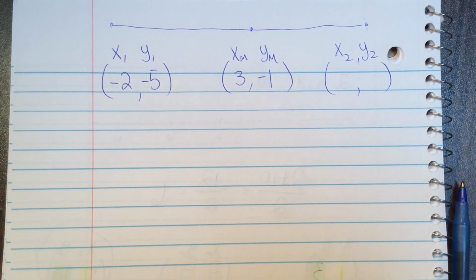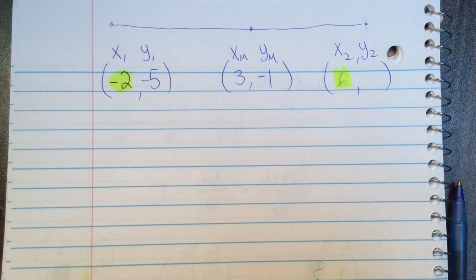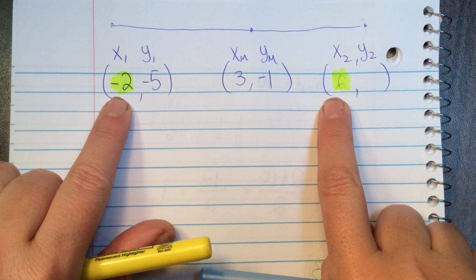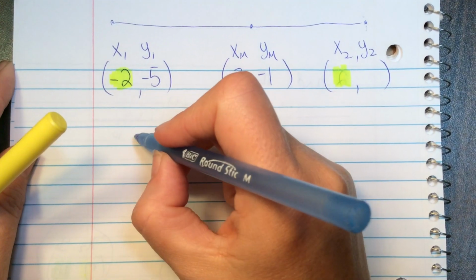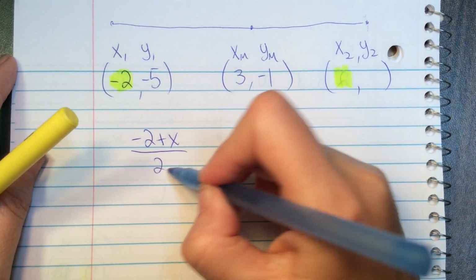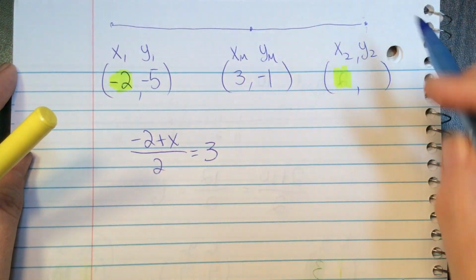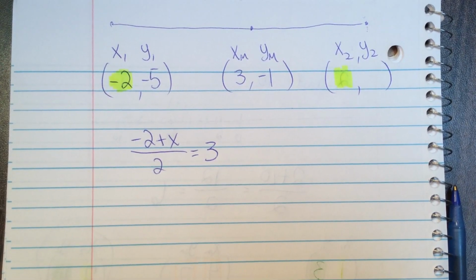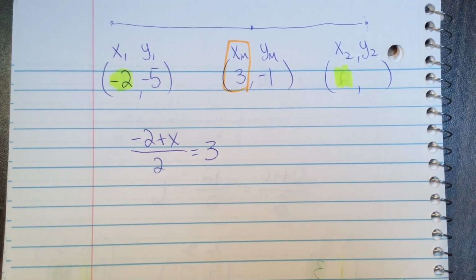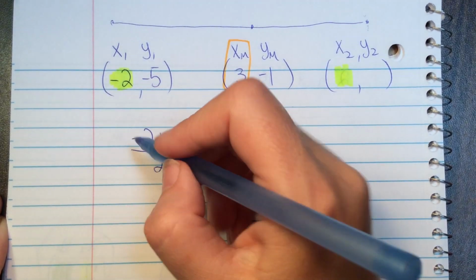So I'm going to highlight. I'm going to add these two together because I always add x1 and x2, but I don't know x2, so I'm going to call it x. And I divide by 2, and that always equals our midpoint. So that's 3 in this case. And now I'm just going to solve this equation. So we always start by getting rid of the 2 on the bottom.